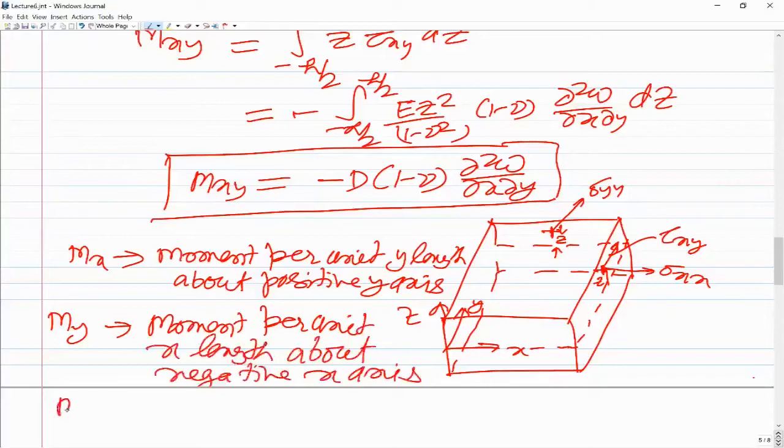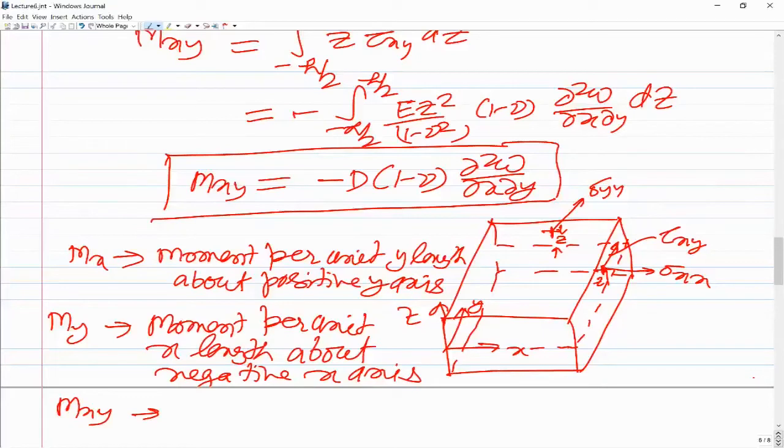And now if you look at mxy, this tau xy multiplied by dz and then z gives you a moment about the negative x-axis.